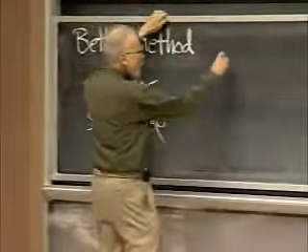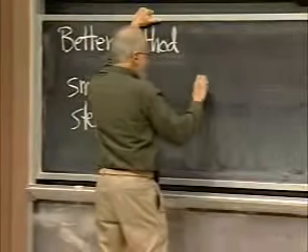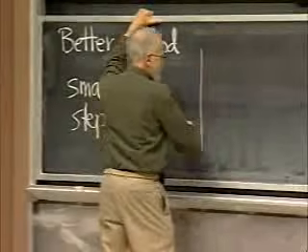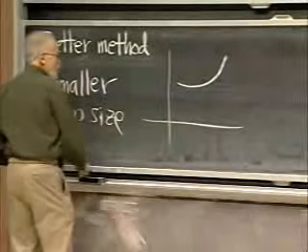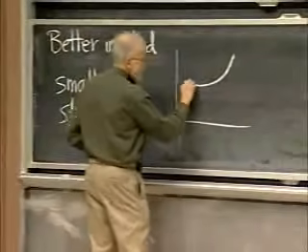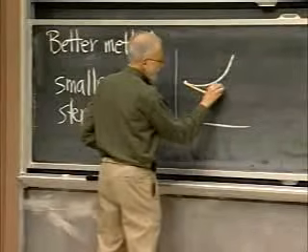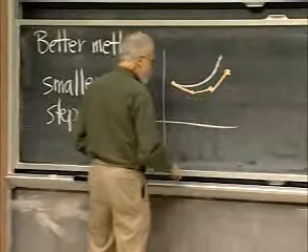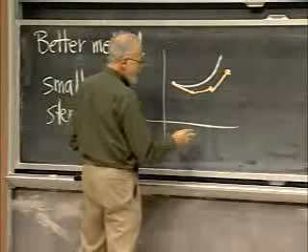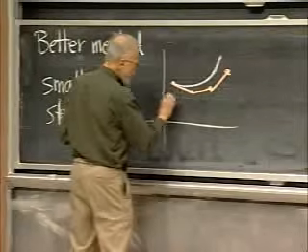And the picture roughly which is going to justify that will look like this. If the solution curve looks like this, then with a big step size, I'm liable to have something that looks like that. But if I take a smaller step size, suppose I halve the step size, how is it going to look then?